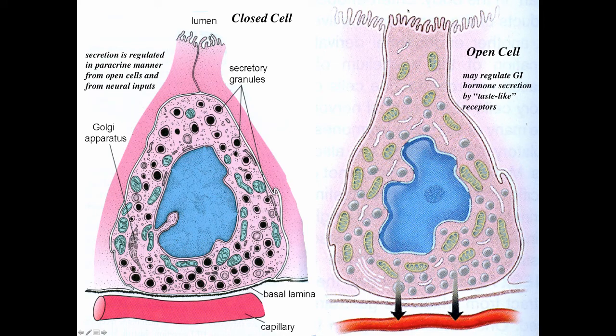Secretion of the APUD cells is regulated in a paracrine manner, presumably from secretions of these open cells and maybe also from neural inputs.